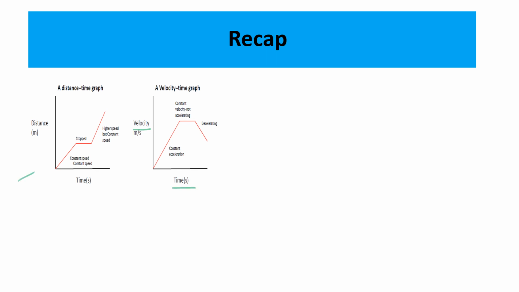In this graph, this indicates the constant speed and distance is remaining the same, which indicates the object is stopped, and this increase shows that it is moving with a constant speed but higher speed. In a velocity time graph, this portion indicates constant acceleration and this is constant velocity. That means the velocity is constant, the body is not accelerating, and this indicates decelerating, the body is changing its direction.